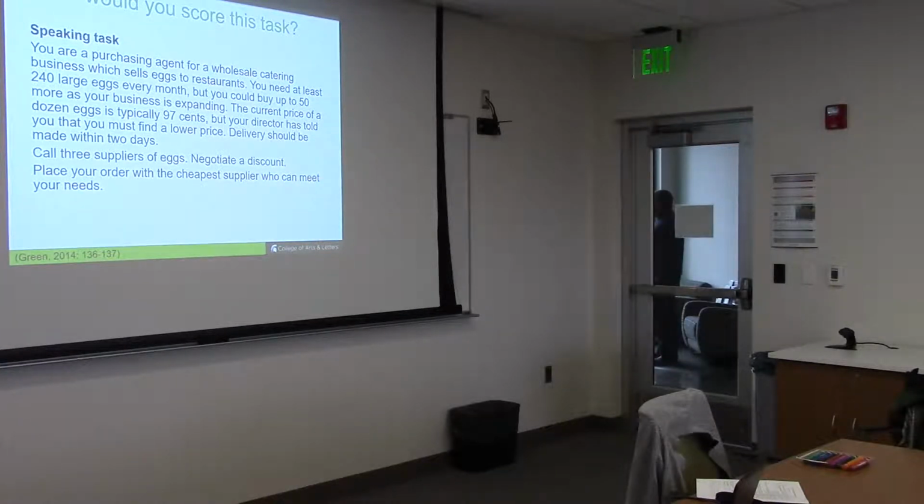You need to have a number of eggs, you have to think about the current price, and you have to think about delivery. And so call 3 suppliers of eggs, negotiate a discount, place your order with the cheapest supplier who can meet your needs. So this is a completely different task.